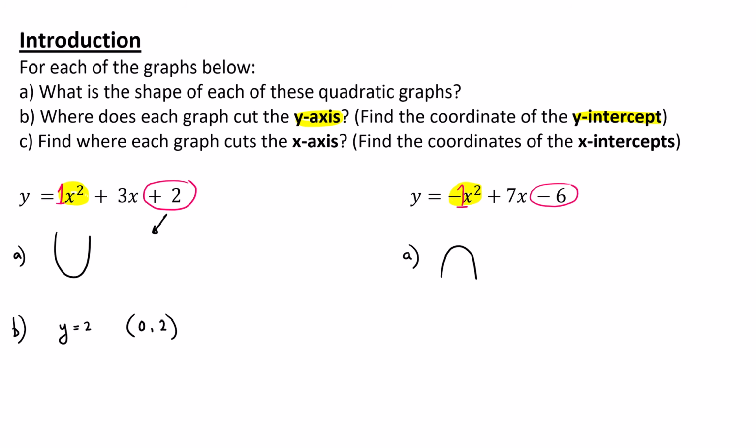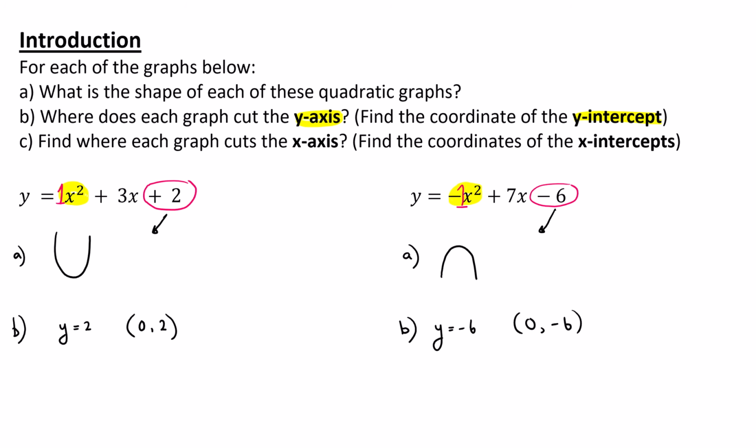It's always 0 for x, because on the y-axis, x is 0. So the coordinate of the y-intercept is always 0, and then the value for y. And for part B, the y-intercept is -6, so the coordinate is 0, -6.